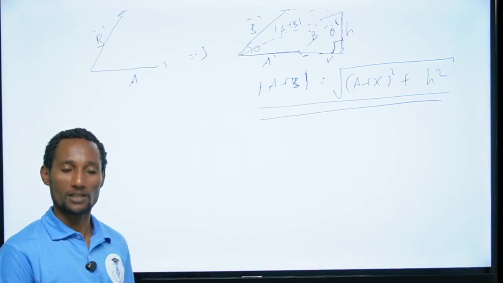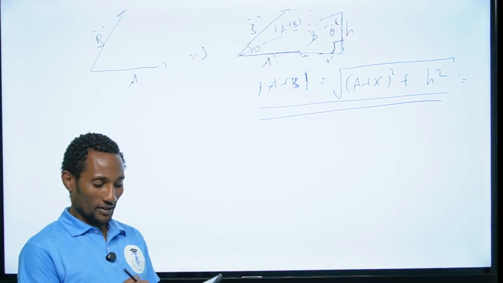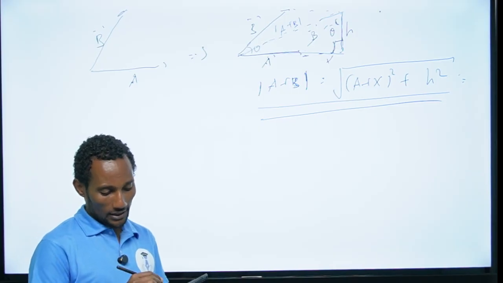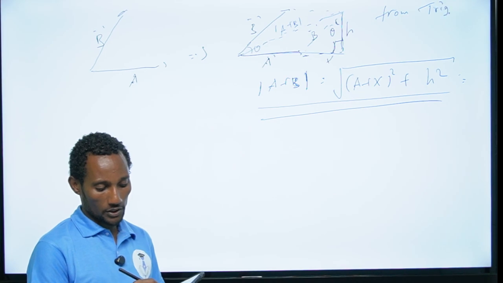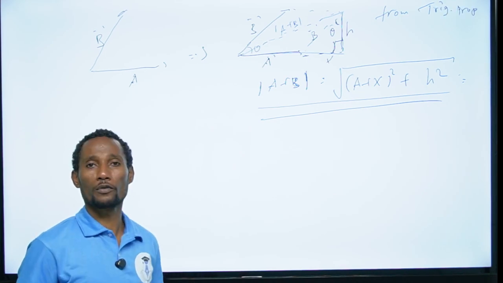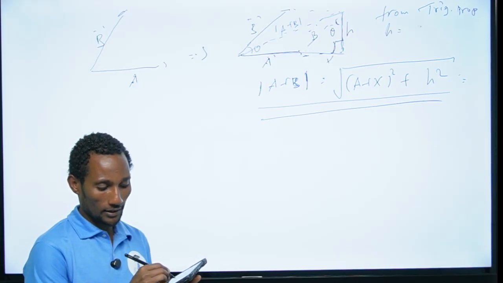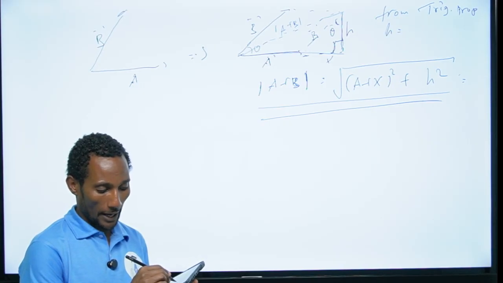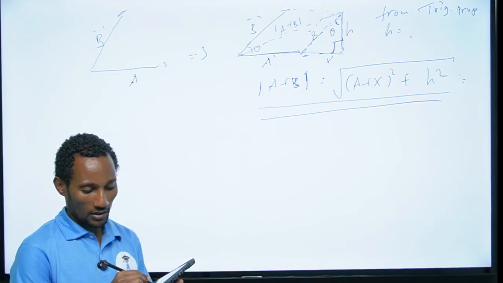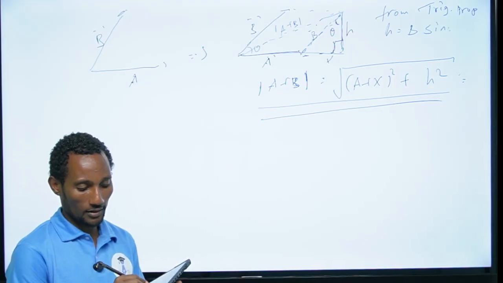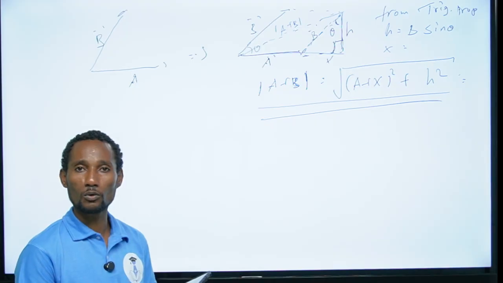In this case, we know from trigonometry, the trig property, that h is equal to the hypotenuse b times sine theta. B sine theta. Whereas x is the same as?